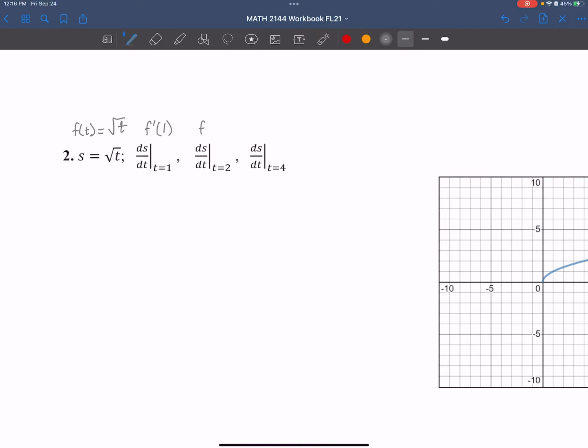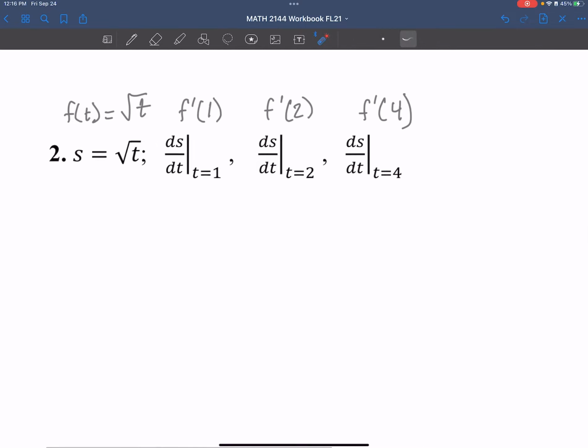This second is asking us to find f prime of 2. And the third one is asking us to find f prime of 4. But you can see we're just using this notation involving differentials, where this is telling us, find the derivative of the function s with respect to t, and then plug in t equal to 1.